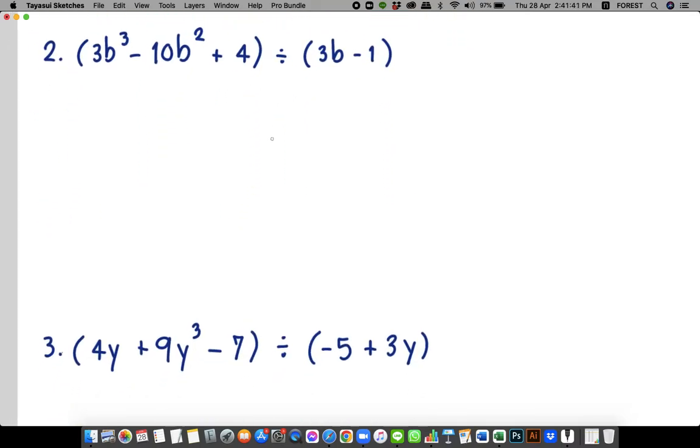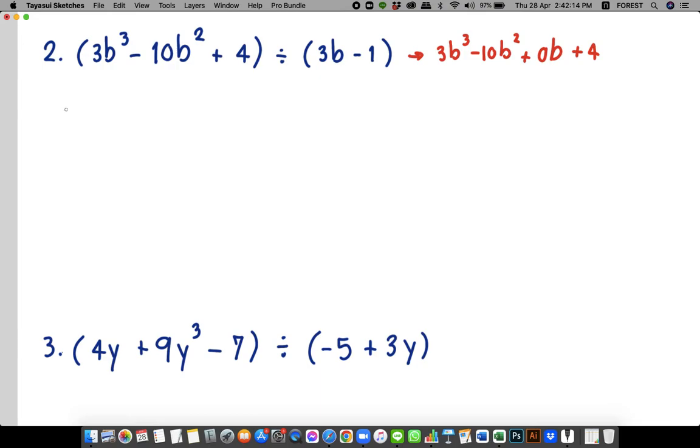Okay, for the next one, 3b to the power 3 minus 10b squared plus 4. You see, we have a missing term. What is the missing term? It is just b, or to the power 1. Then I have to rearrange it as 3b to the power 3 minus 10b squared plus 0b plus 4.